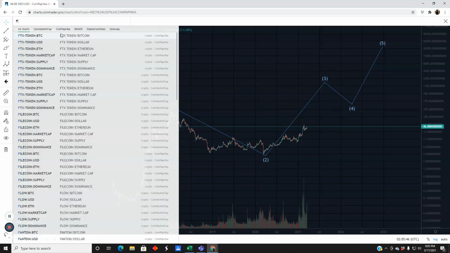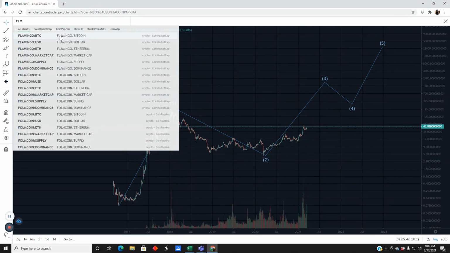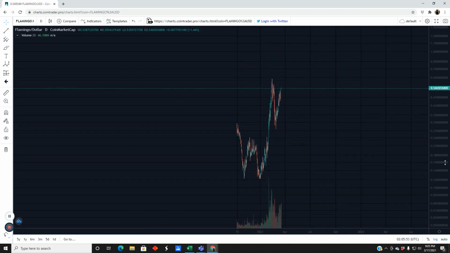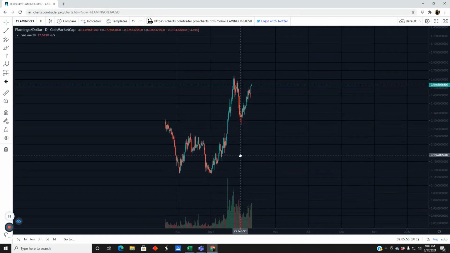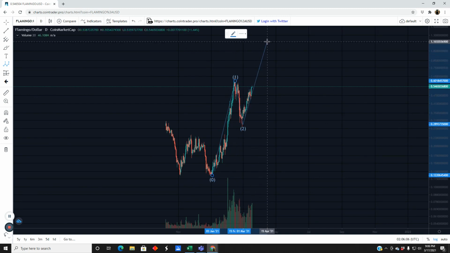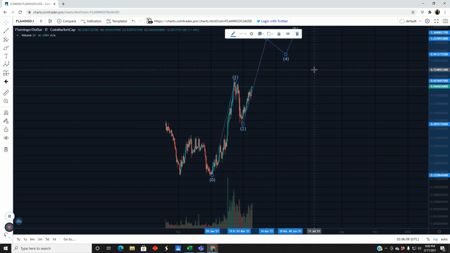FLM, Flamingo USD. This one is something that is built on NEO. So look, you've got increasing volume from here. Wave 1, 2, 3, wherever this goes, and then 4, and then 5.